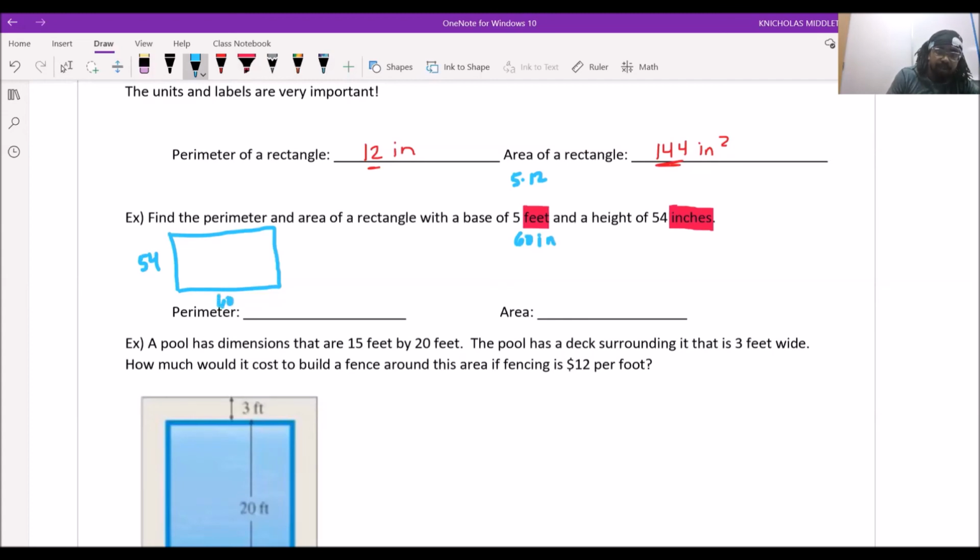When I look at my perimeter, again, I'm just measuring around my figure. 108 plus 120 is 228. For my area, length times width, right? 54 times 60. I'll use a calculator for that. 3,240.